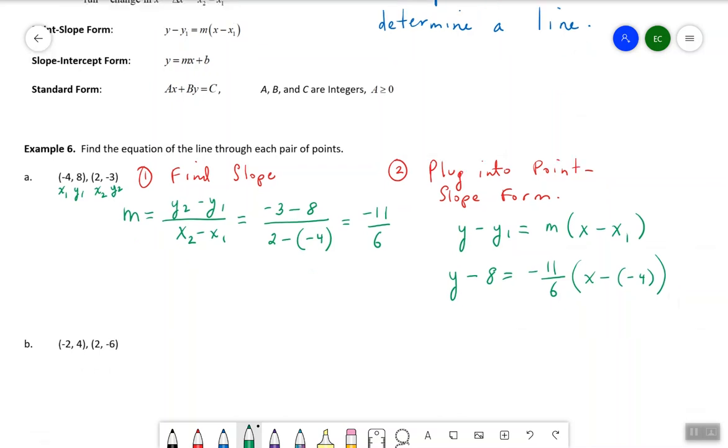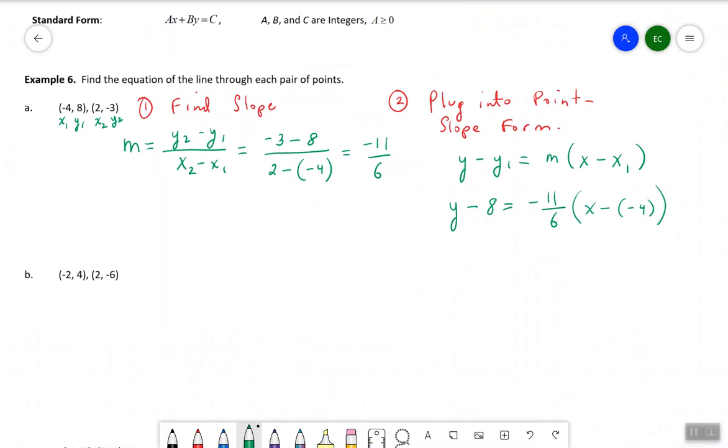We can just solve for y. So we'll have y minus 8 is equal to -11 over 6 times x, and then this is a +4 times -11 over 6. So that should get us -22 over 3.